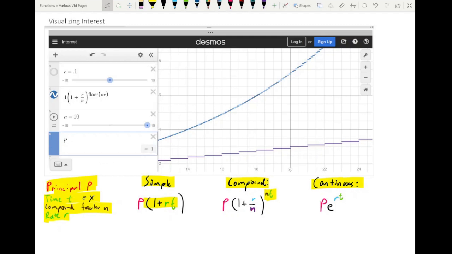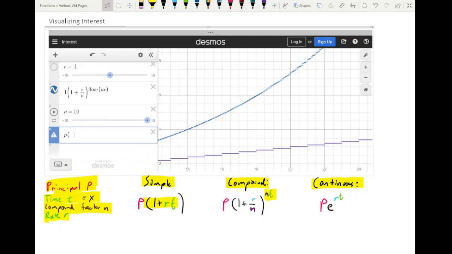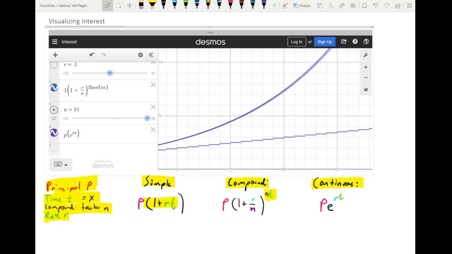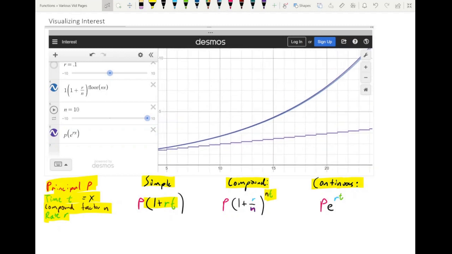If we type in the formula, p times e to the power of rt, or rx, my bad, you see that continuous interest is smooth. At any given point, you're going to be increasing ever so slightly, rather than getting your money in little chunks as you do for compound and simple interest.